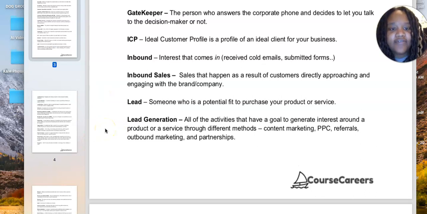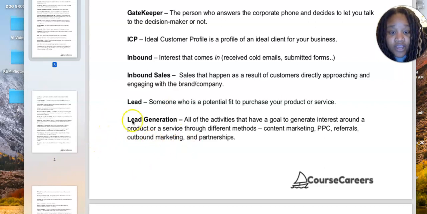Okay, next we have lead generation, which is all the activities that have a goal to generate interest around a product or service through different methods. This can be content marketing, pay per click, referrals, outbound marketing and partnerships.